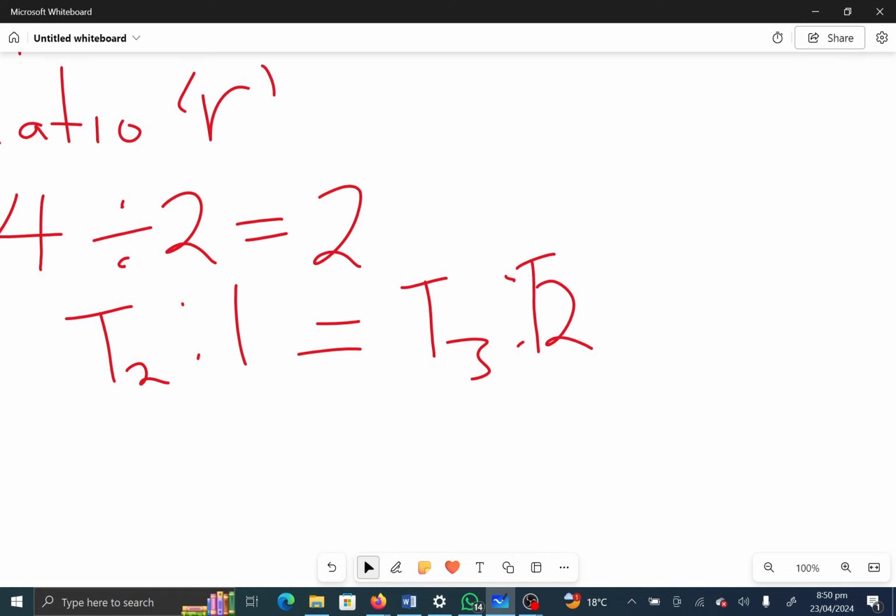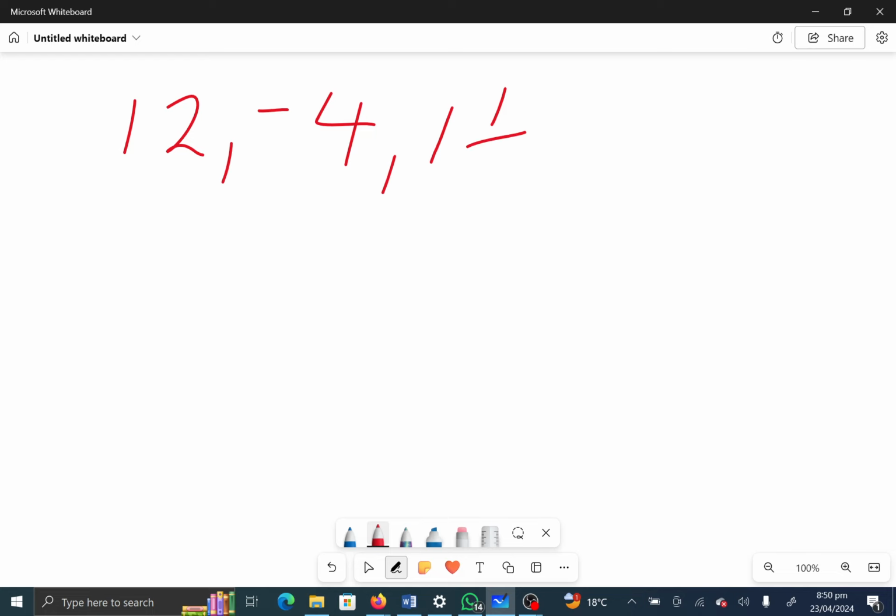Let's say, for example, we have terms like 12, -4, and a term 1/3. Now we are told to state the common ratio in this geometric progression.